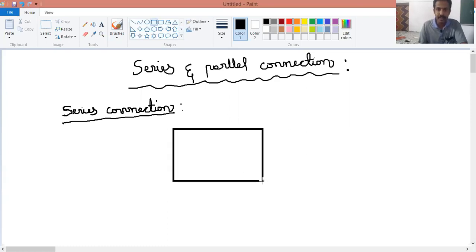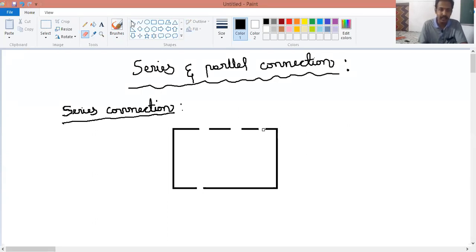If I am taking this one as the circuit, then what happens in this circuit? I'm taking a battery and three resistors in the circuit, and these three resistors are in series connection. How can you say this is a series connection? Let's call this battery of voltage V, this resistance 1, this resistance 2, and this resistance 3.